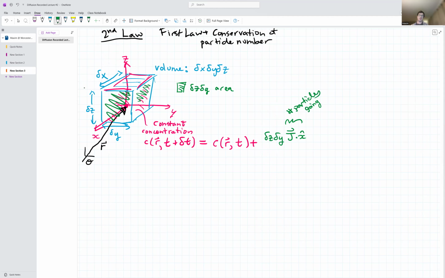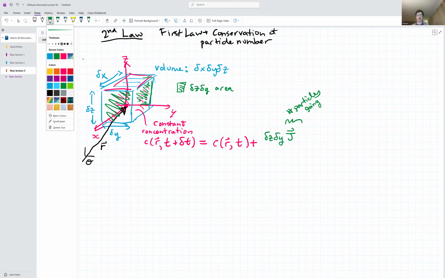We need the particles going into the box. If we're looking at the flux along the positive x direction, the ones going along the positive x direction and going into the box are the ones in this back surface. So the back surface is this J, and we should be careful and specify where we're evaluating this J. We're evaluating this J at just the back wall there, x, y, and z.